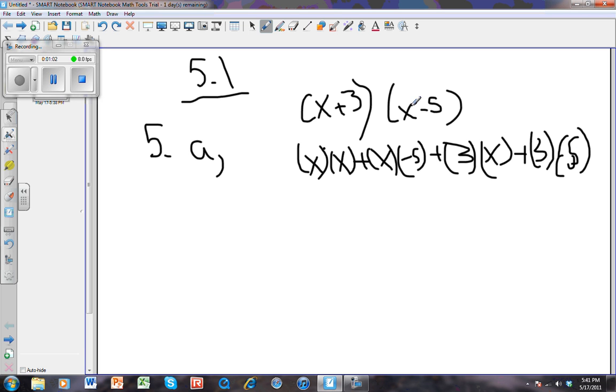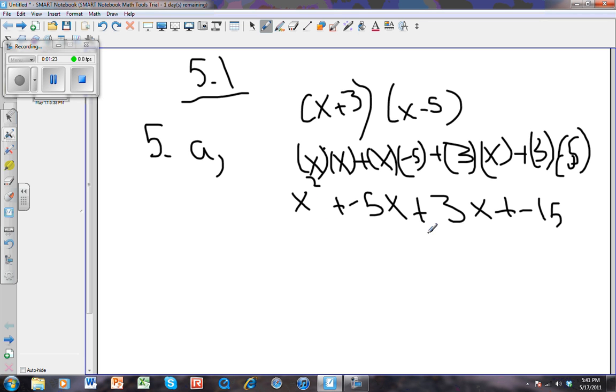There we go. And this is going to become x squared plus negative 5x plus 3x plus negative 15.